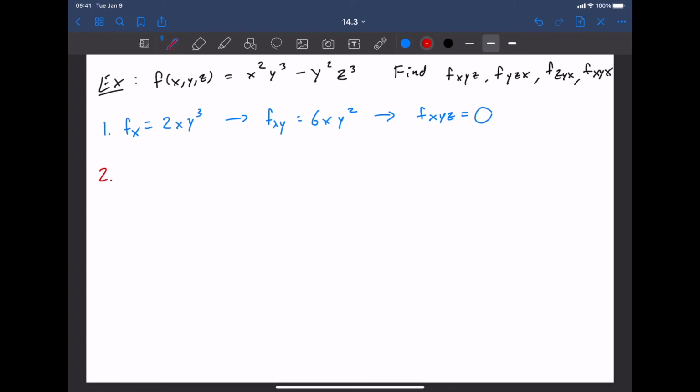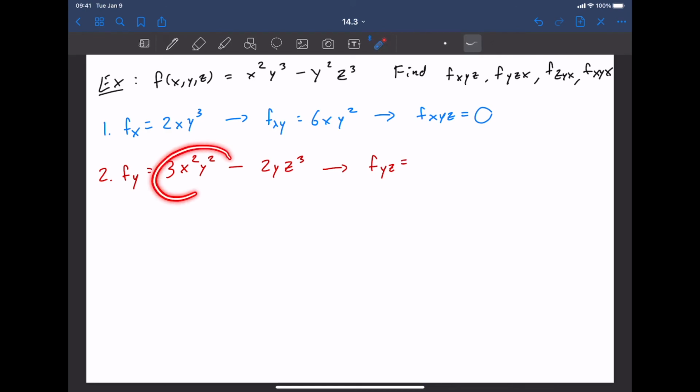Let's see what fyzx means. So we'll start with y. If you really couldn't do anything, you just watch the video. Try to pause it now. These are not that bad, right? You know what answer you should get for most of them. If I start by focusing my attention on y, I get 3x squared y squared minus 2yz cubed. Then I would go for z.